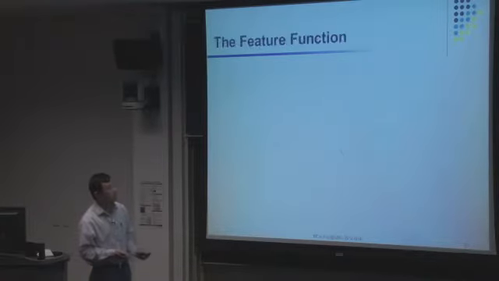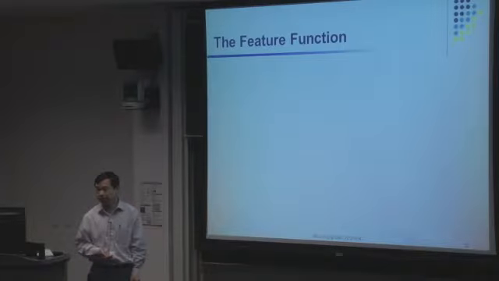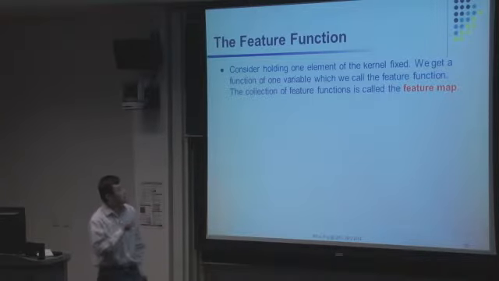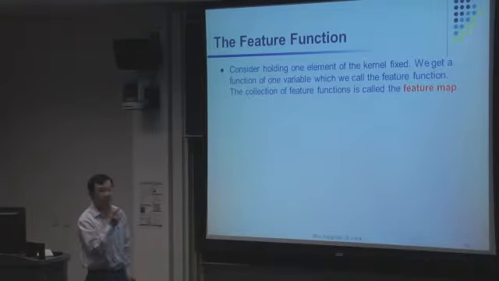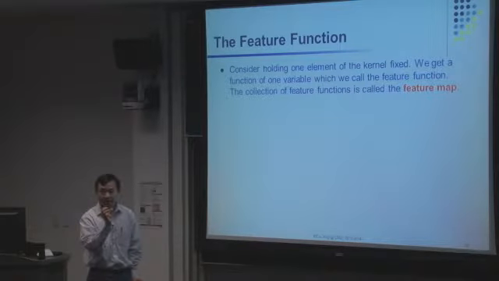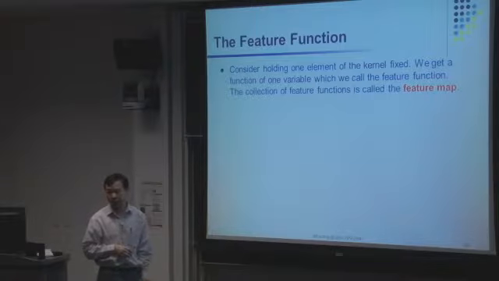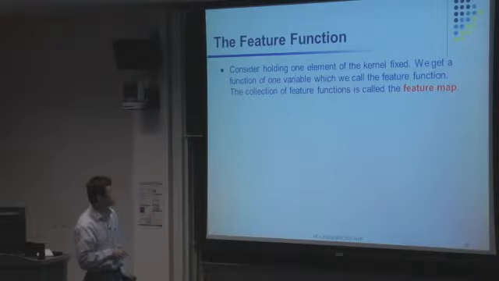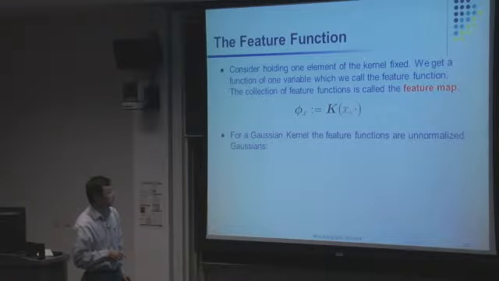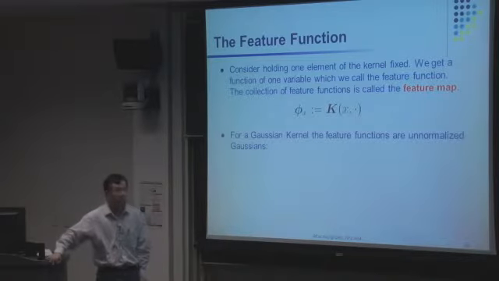And we call this a feature function, okay? And a feature function is basically the fundamental building block of what we call the reproducing kernel Hilbert space, okay, the RKHS. It has the very interesting property called the reproducing property, which we'll be seeing in the next slides.